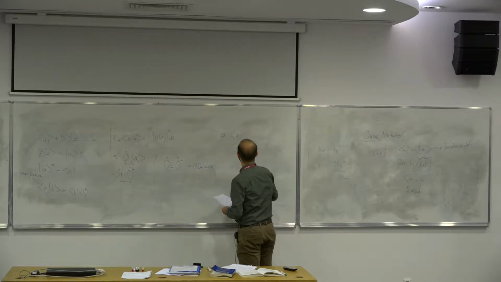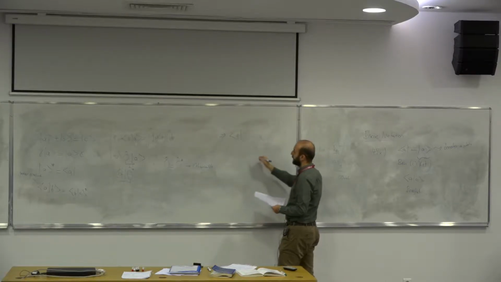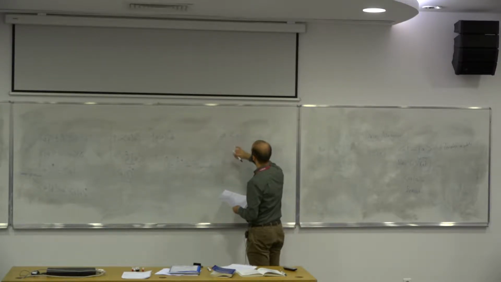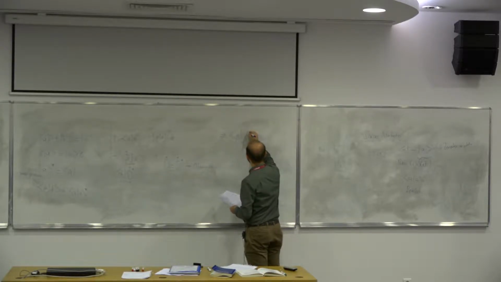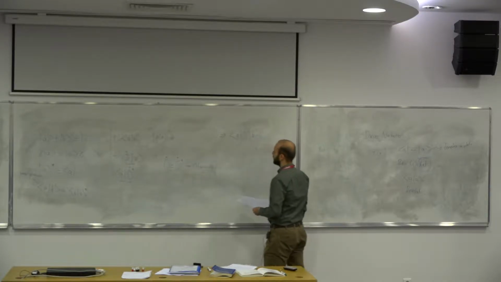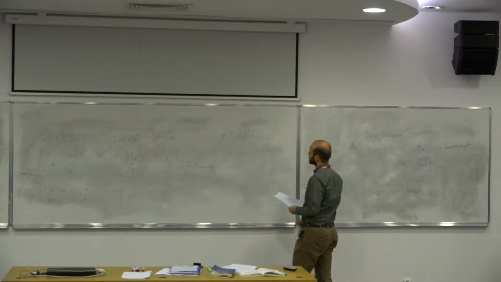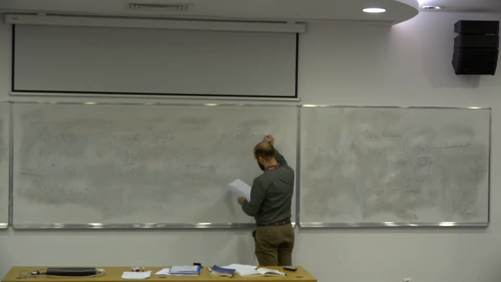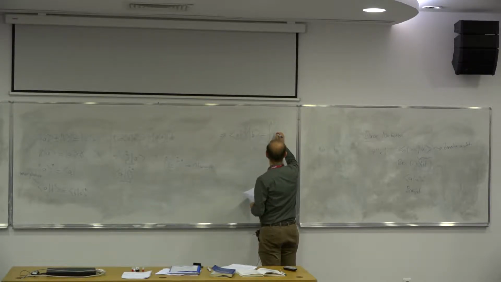So let's say I have a state A, then I have a certain operator, and then another state B. So the way I can write this equation is something like this.